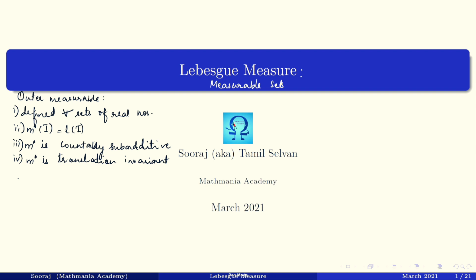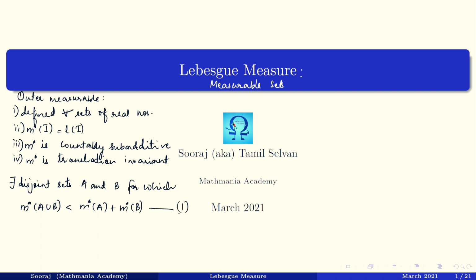We are able to produce disjoint sets A and B for which m star of A union B is smaller than m star of A plus m star of B. This is happening in general. It need not happen for all sets, but there exist disjoint sets A and B for which this happens to be true.